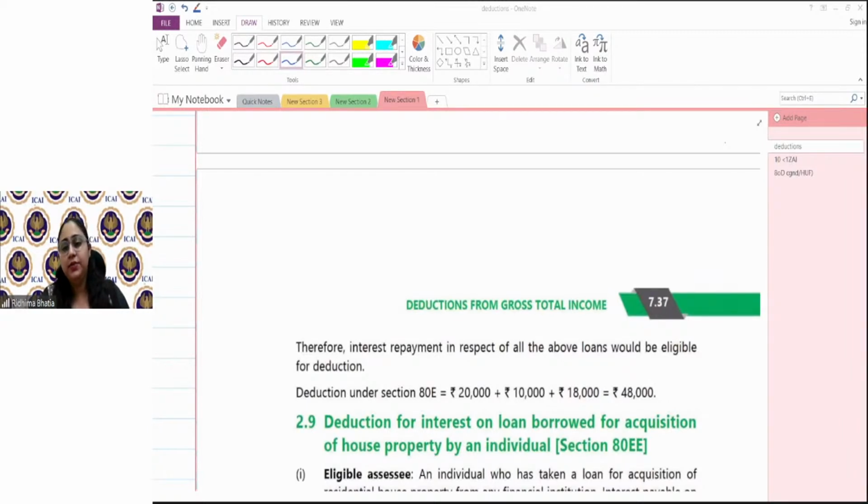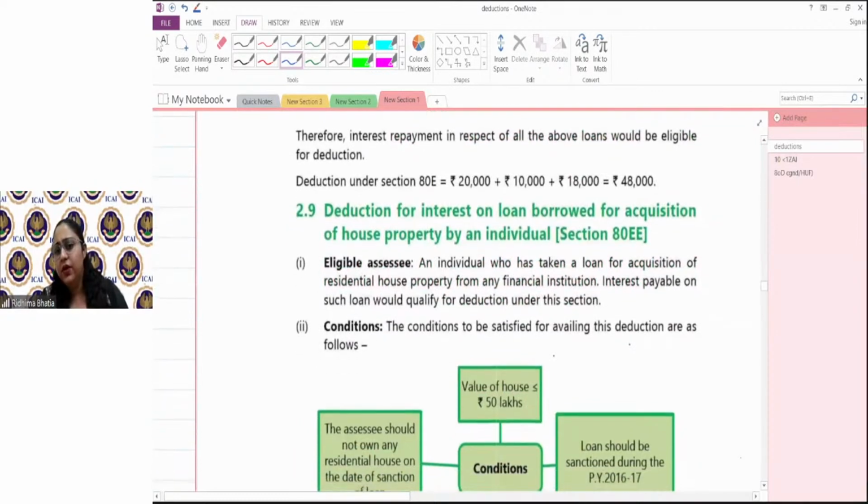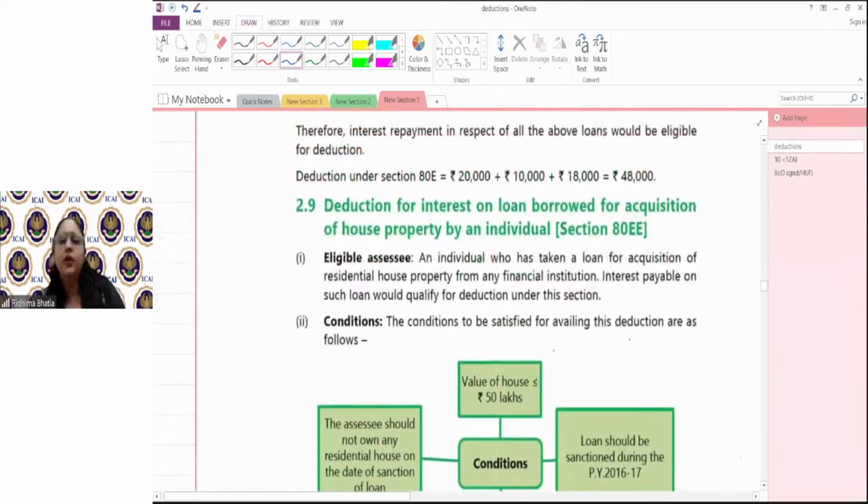Okay, now let's proceed to the next section. This section is not very relevant because of the loan period. It might be asked or it might not be asked, but let's discuss.